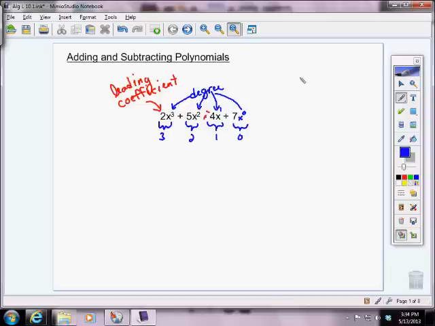If there was more than one variable, let's say it was x to the second, y to the third, we would call that a fifth degree. We just add them together. So this is a third degree, second degree, first degree, and 0 degree. If we want to find the degree of the polynomial, it's just your greatest degree term.